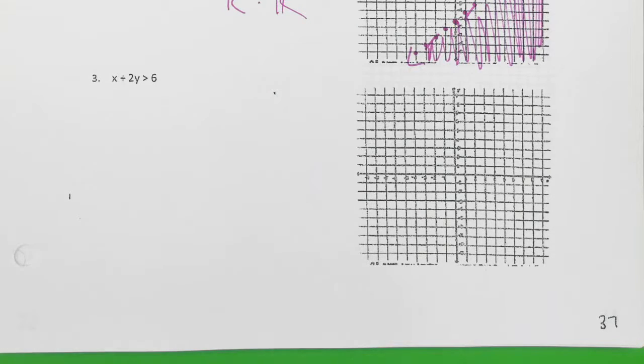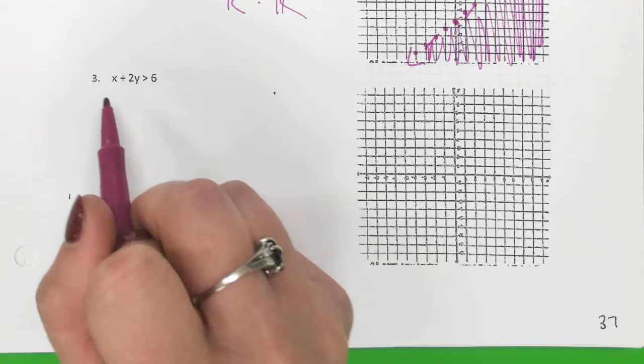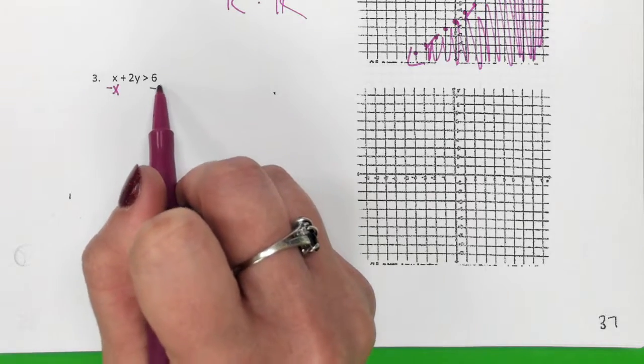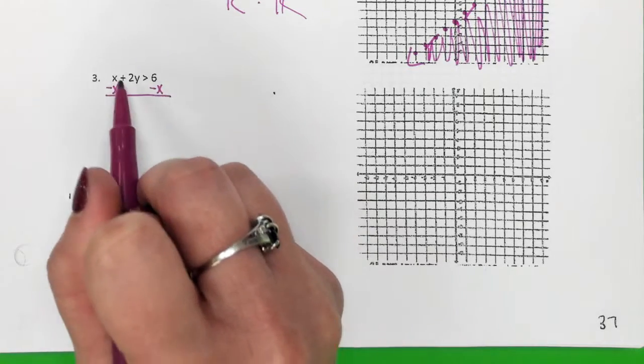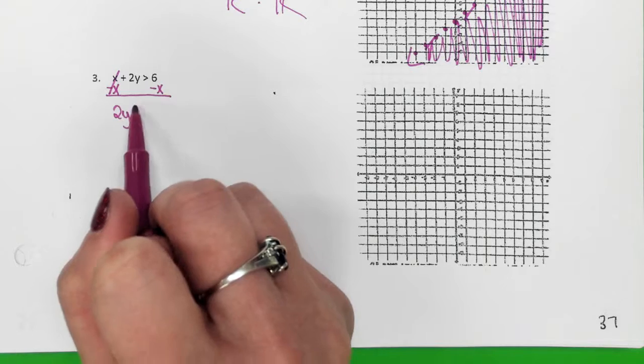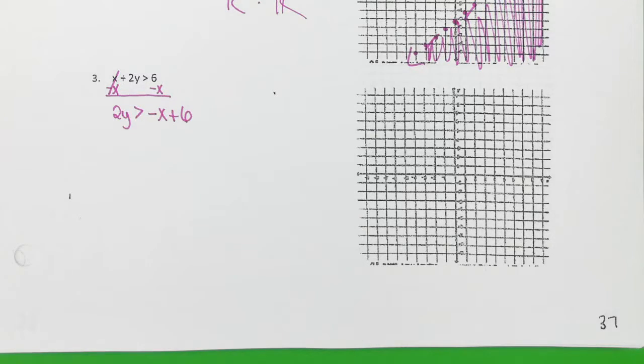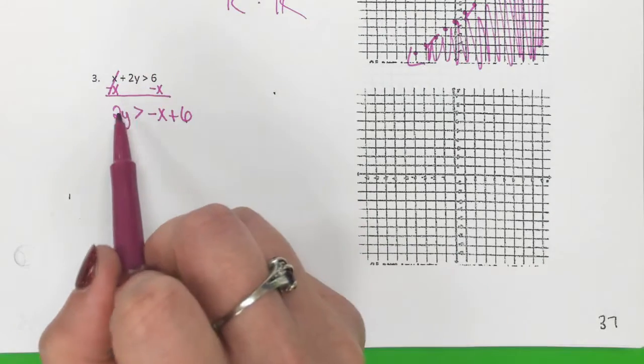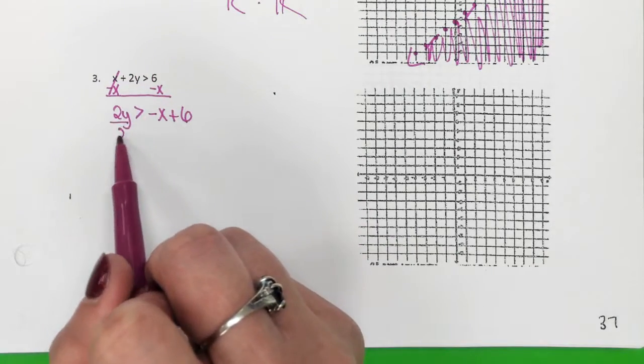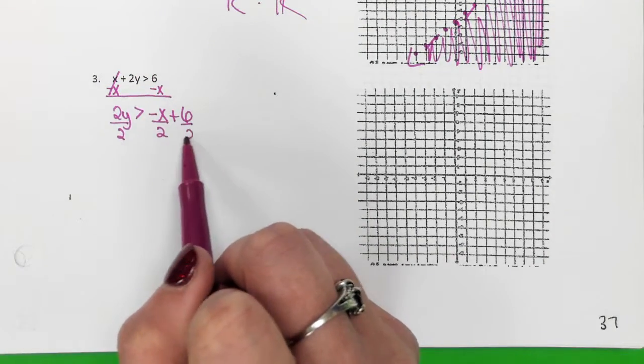So what's wrong with number 3? Y is not by itself. There you go. So we got to subtract the x. So we have 2y is greater than negative x plus 6. Alright, then how do you get rid of this guy right here? There you go. Divide each one.